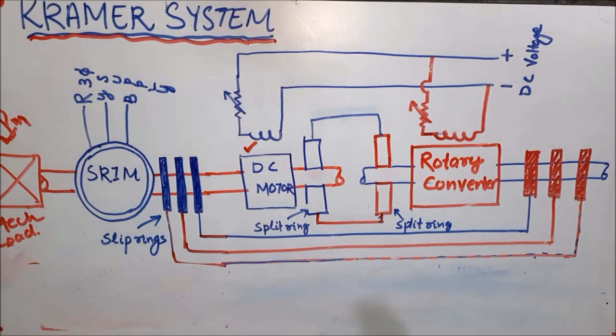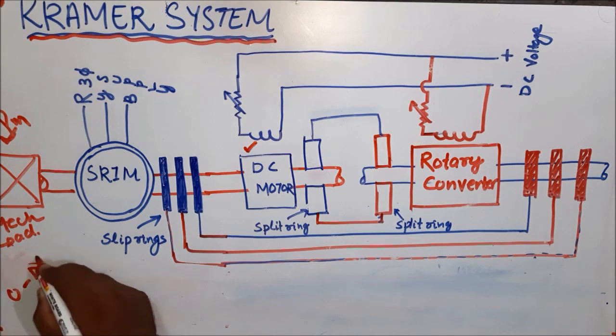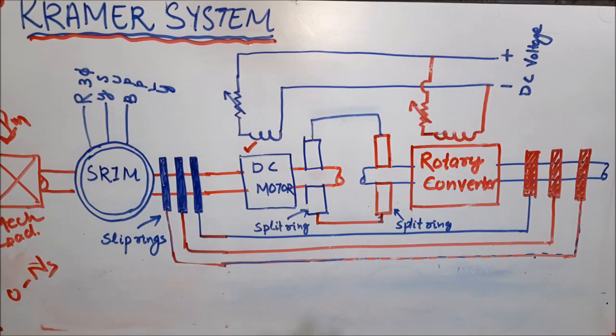The advantage of this system is that we can get any speed in the range between 0 and NS. So for a constant torque drive we can achieve any speed below synchronous speed. That is the best advantage of this system.